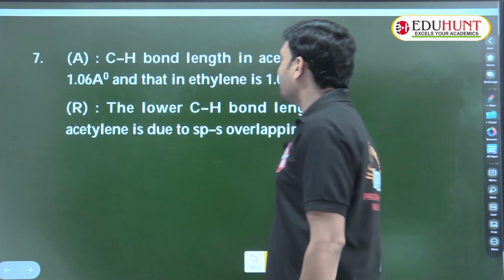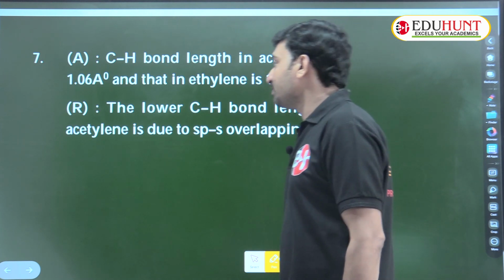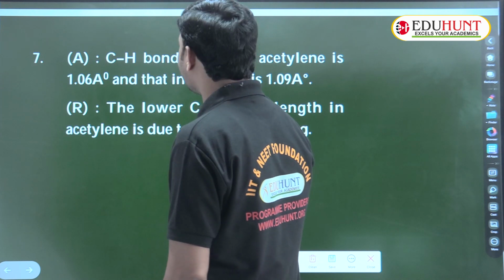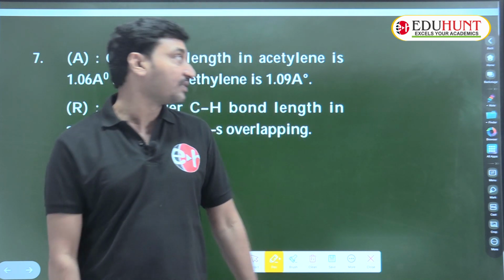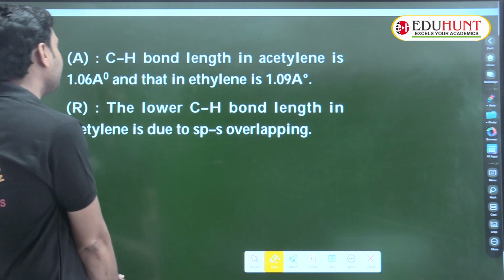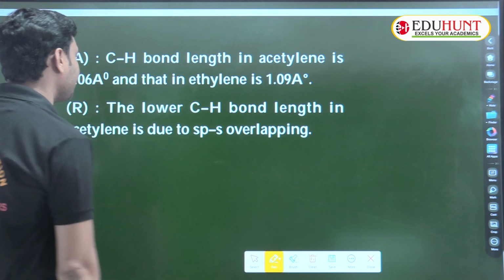The C-H bond length in acetylene is 1.06 angstrom units and that in ethylene is 1.09 angstrom units.